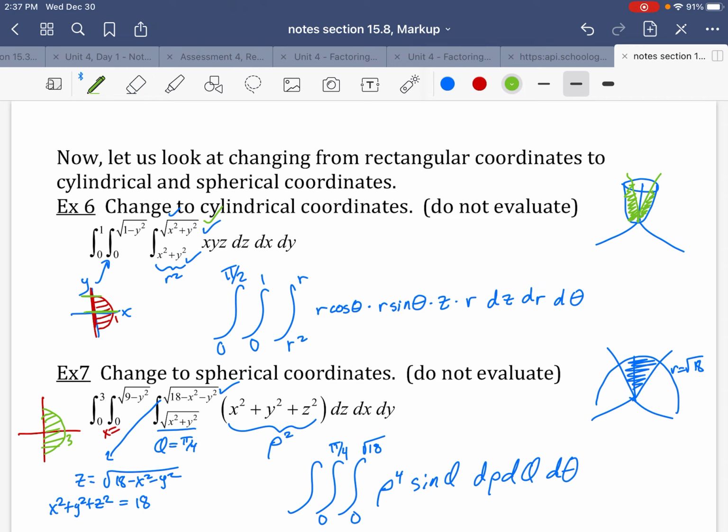Then y from 0 to 3 means I was doing the first quadrant. So that tells me my theta is 0 to pi over 2.